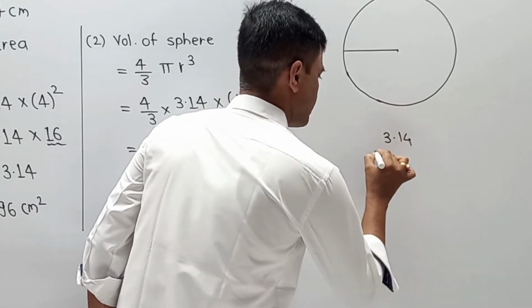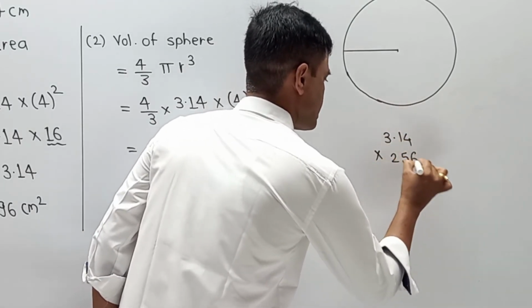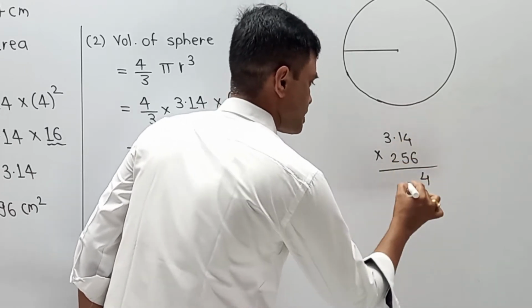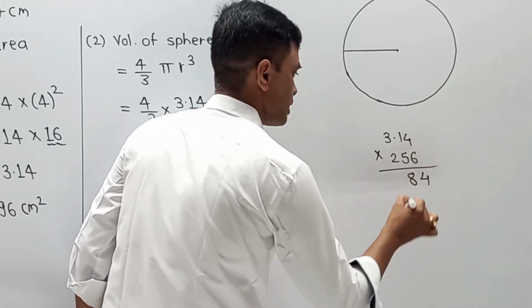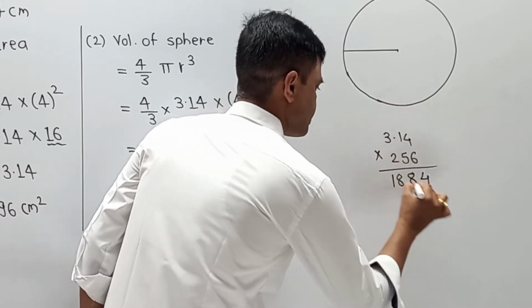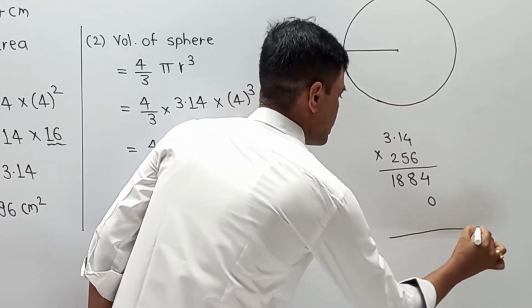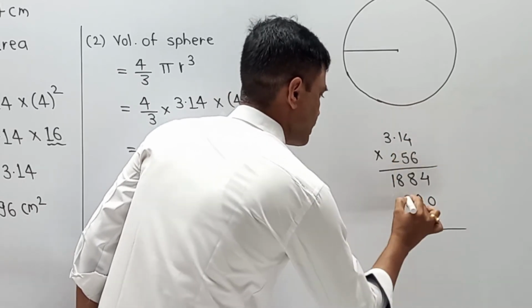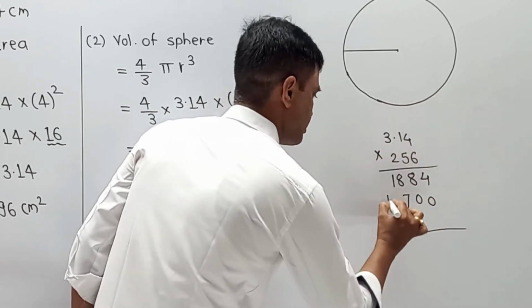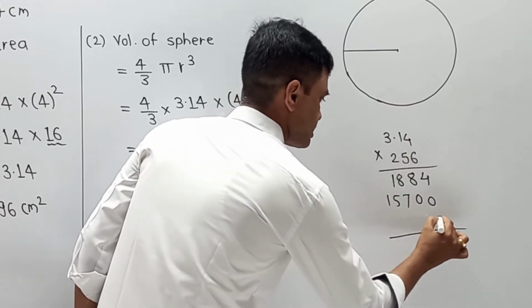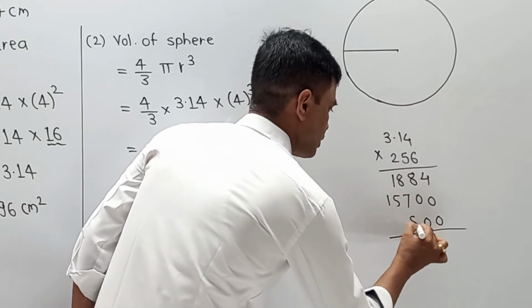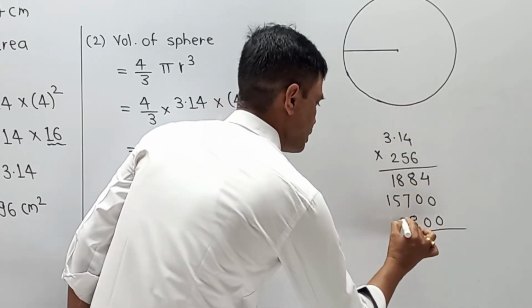So 3.14 into 256. 6 4s are 24, carry 2, 6 1s are 6, plus 2, 8, 6 3s are 18, writing 0 or the part, 5 4s are 20, carry 2, 5 1s are 5, plus 2, 7, 5 3s are 15. Next, double 0 or double cross as per your part, 2 into 4, 8. 2 into 1, 2.